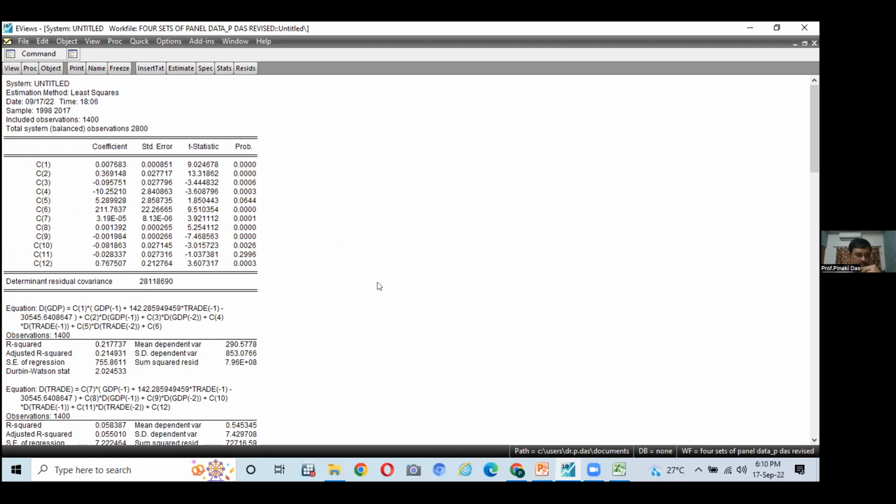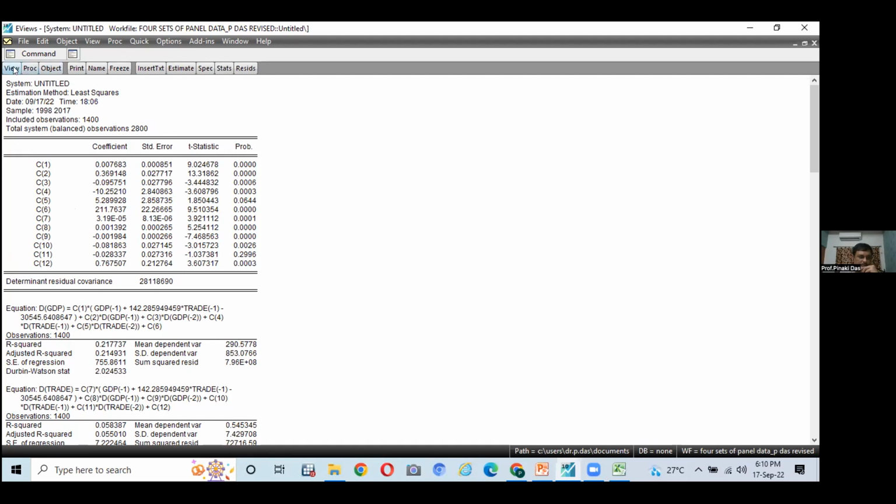Now we can try the Wald test. You write it in your copy. I have also mentioned it in the PPT. The Wald test helps us to understand the joint effect of the independent variables.